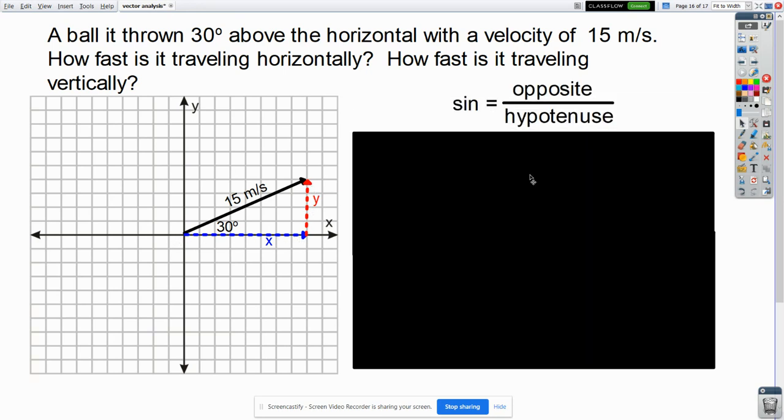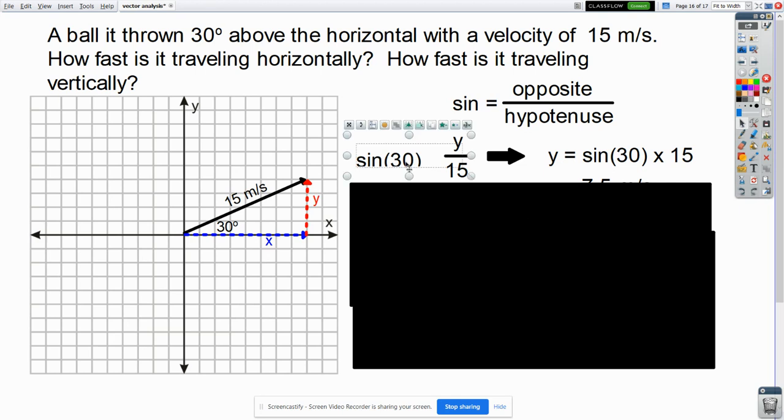Again, sine is opposite over hypotenuse. So sine is going to give us the side that is opposite of the 30-degree angle, the one that's not part of the 30-degree angle. It's going to give us our y. So the sine of 30, the angle I have, is equal to y, the side that's opposite, over 15, what my hypotenuse is. Rearrange that to solve for y. Y is equal to the sine of 30 times 15.